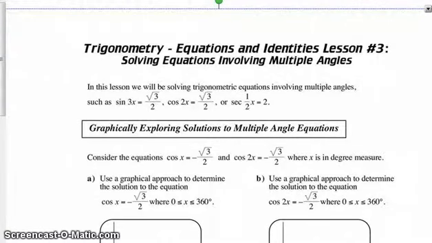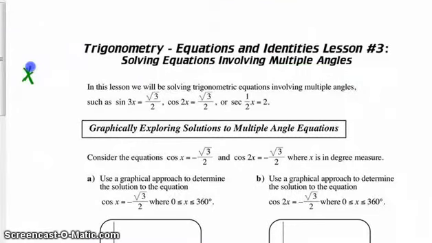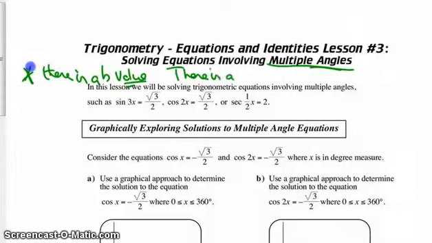Hello, Math 30. Lesson 3 in solving trig equations is titled solving equations involving multiple angles, but really what we want the outcome to be is us solving equations where there is a b value, or as we talked about in our trig transformation, there is a horizontal stretch.